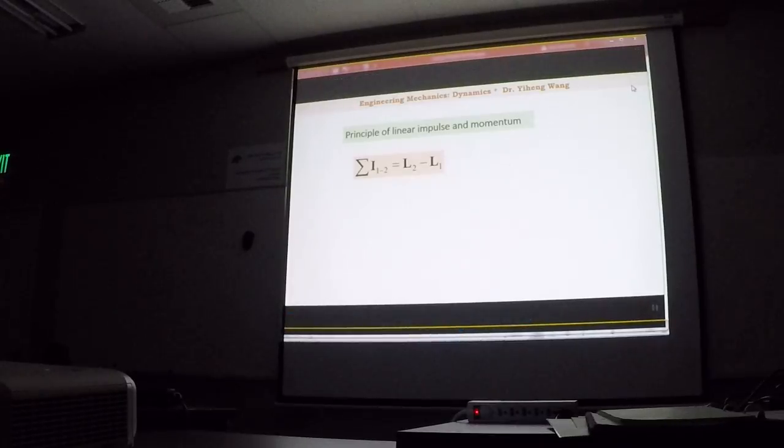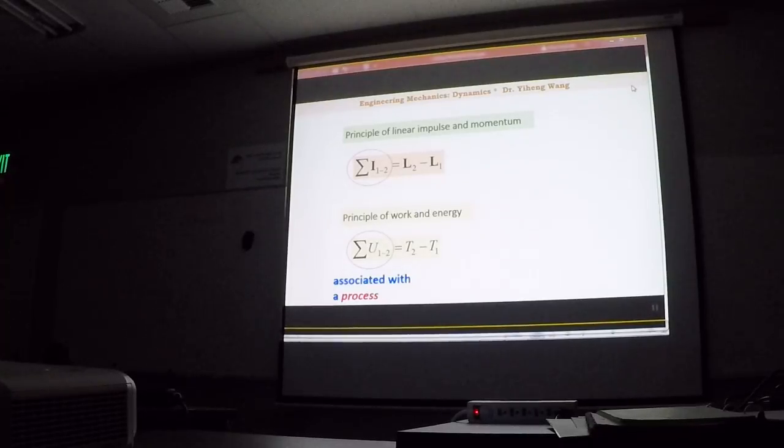You might notice a similarity of this equation with the principle of work and energy. Despite the similarity in the format of these two equations, in the last chapter, the left-hand side of these two equations are parameters both caused by external forces, and also they are both associated with a process.